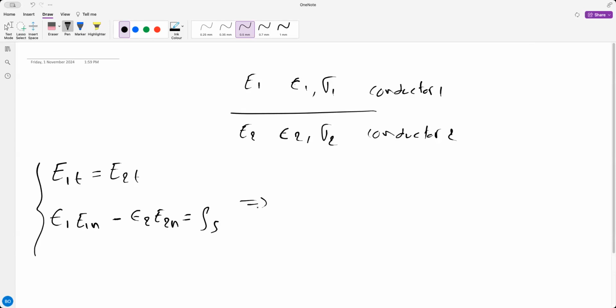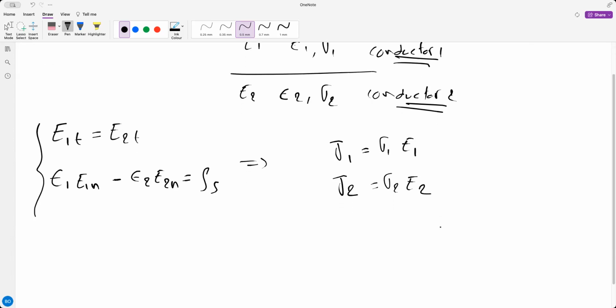But in this case, we have conductor 1 and conductor 2. And we know that J1 is equal to sigma 1 E1. This is a relationship between the current density, the electric field and the conductivity. The same thing, J2 is equal to sigma 2 E2. So what does this mean?